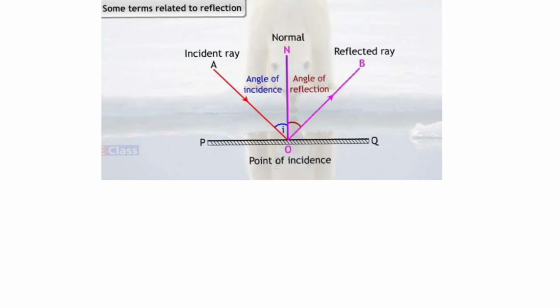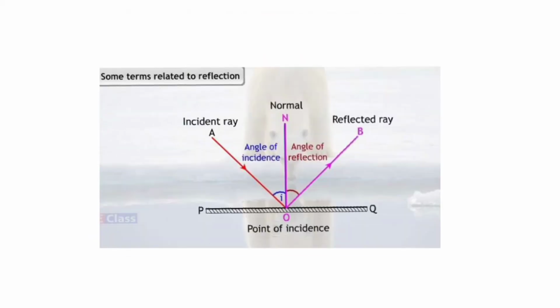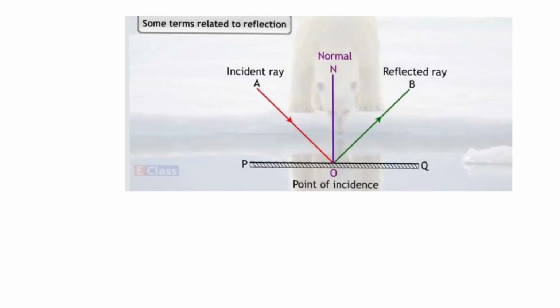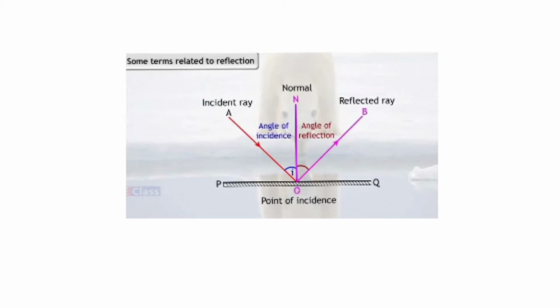Again, I will just say about the angle of incidence also. Let me explain that. See, this is the normal, right? This is the normal and this is the angle of incidence. The angle formed between these two is denoted by I, and it is called the angle of incidence.